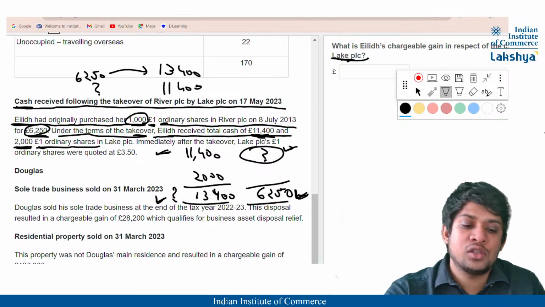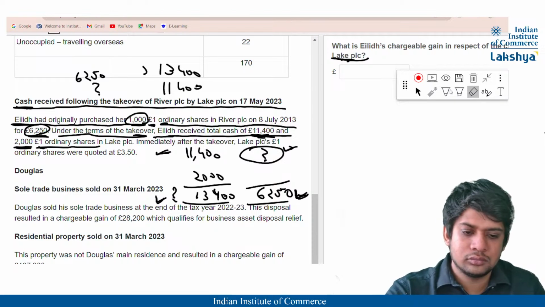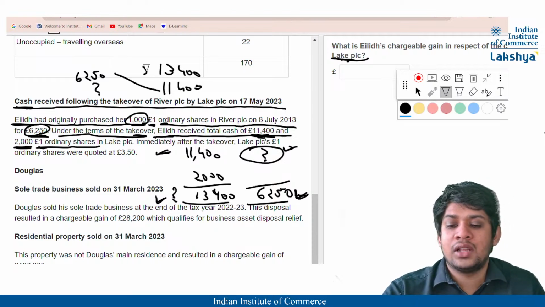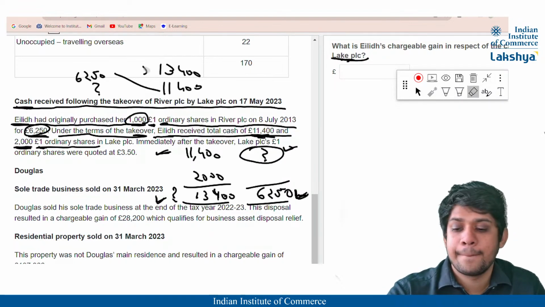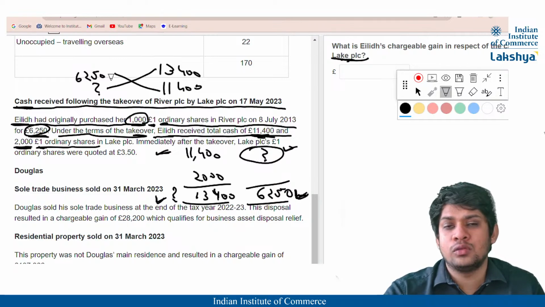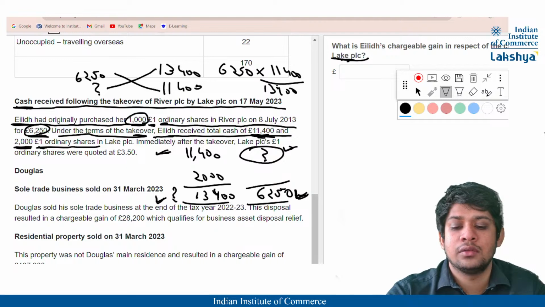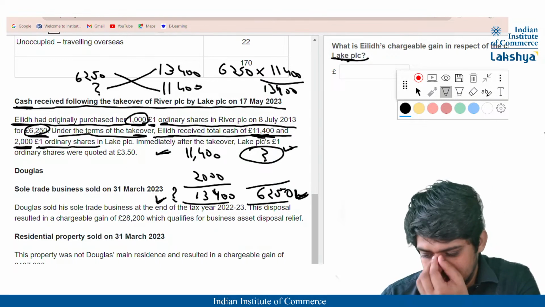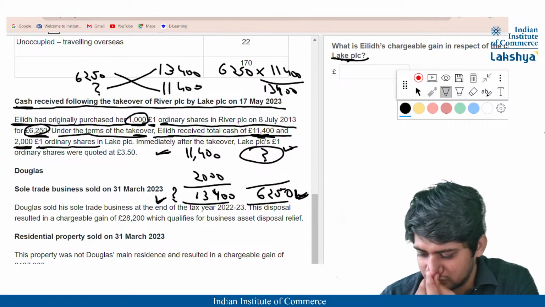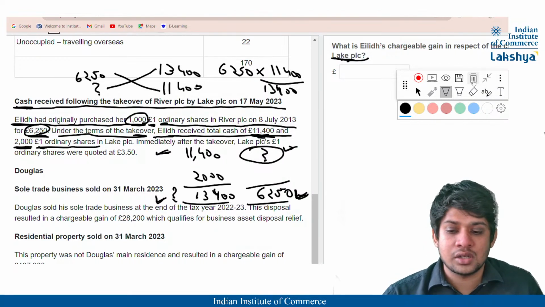So it will be cross multiplied: 6250 into 11,400 divided by 13,400. Which will give us 5317. 5317 is the cost.